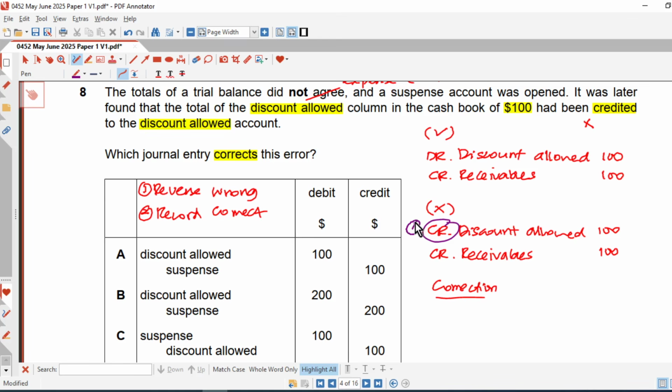So I will debit discount allowed to reverse the wrong entry, and I will debit discount allowed again to record the correct entry. So debit discount allowed 200, credit suspense 200, because you have double credits. So we need to make use of the suspense account, right? Trial balance doesn't tally.